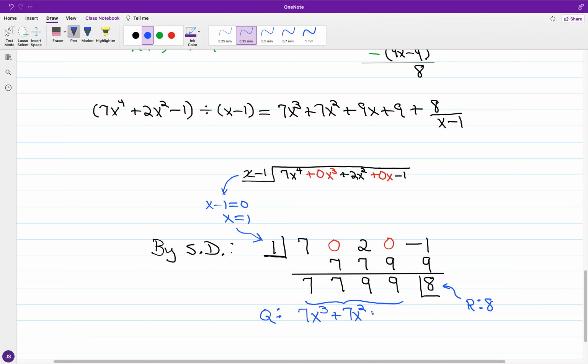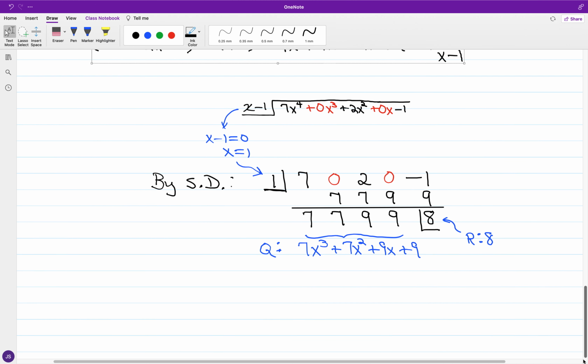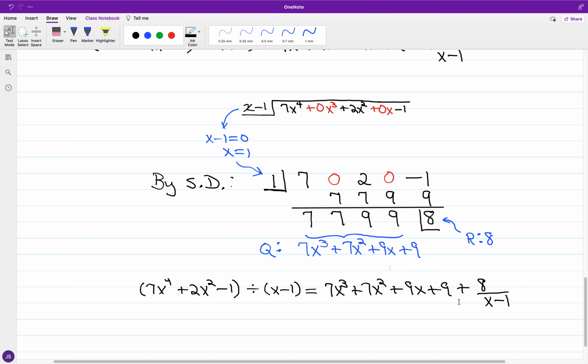And the 9s that follow refer to plus 9x and plus 9. So in the case of synthetic division, it's a different pathway, but it will arrive at the same destination, and it can be used directly as long as the divisor is first degree.